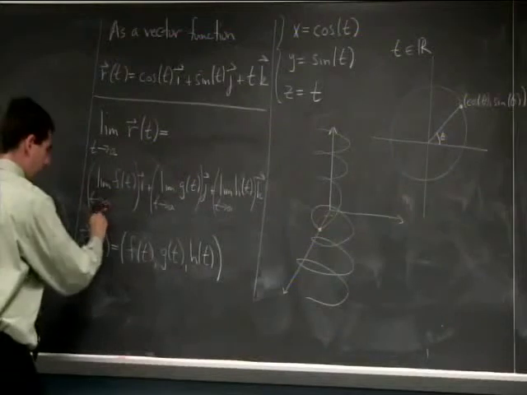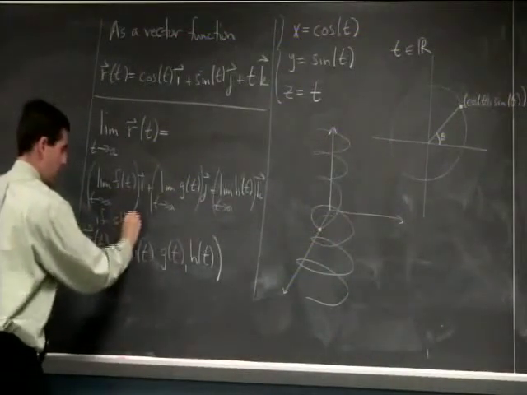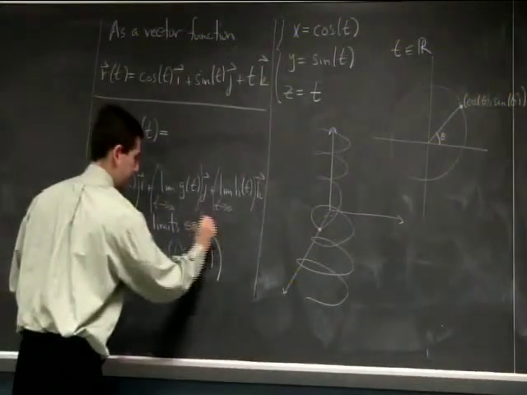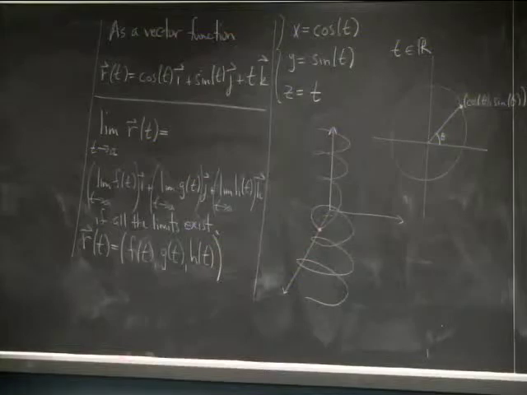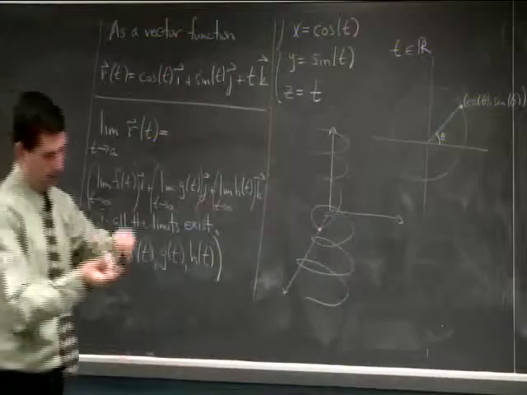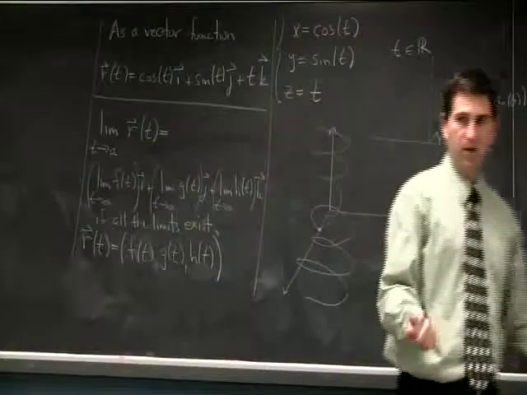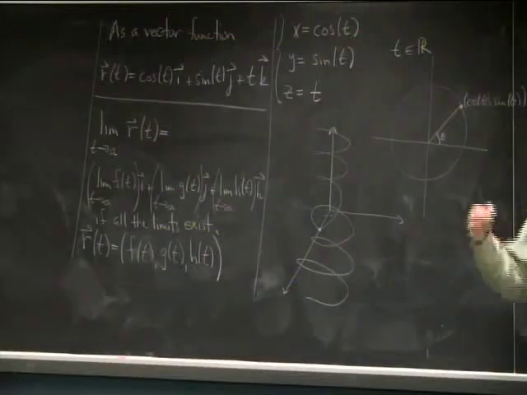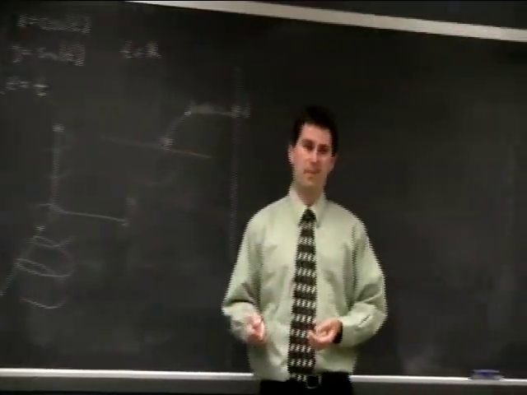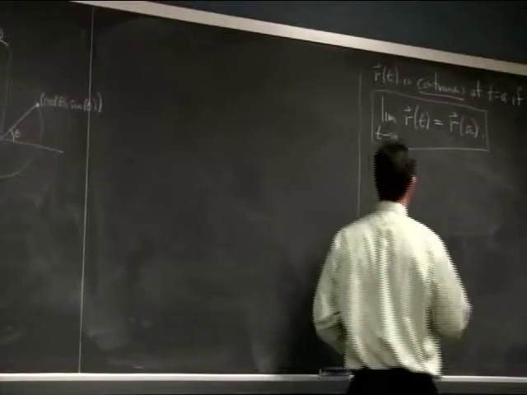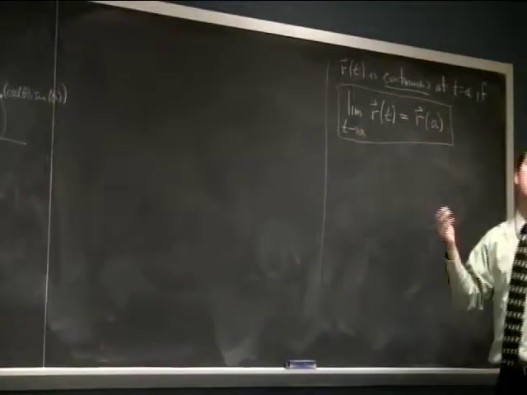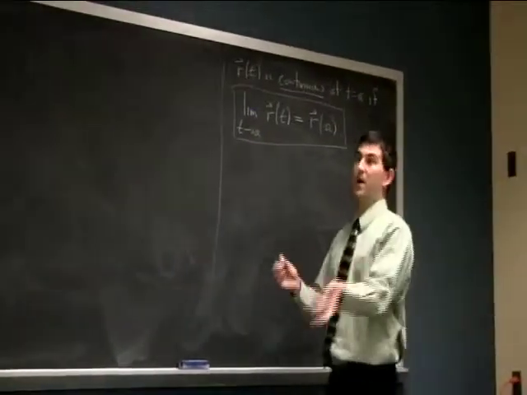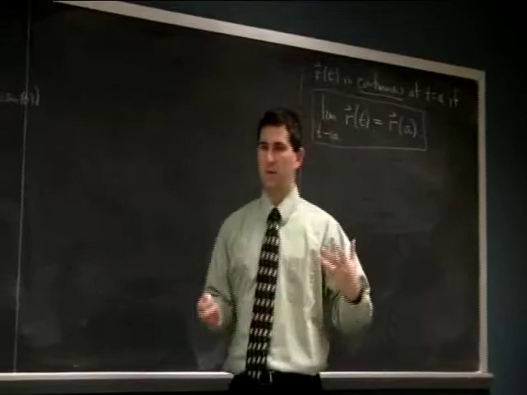So what I should say is, if all the limits exist. If you have a limit of a sum, it equals the sum of the limits, if all the limits exist. The limit of a product is the product of the limits, if all the limits exist. Continuity: if two functions are continuous, then their sum is continuous, their product is continuous, subtract, divide, as long as the bottom isn't 0. All the normal properties of continuity are going to hold.